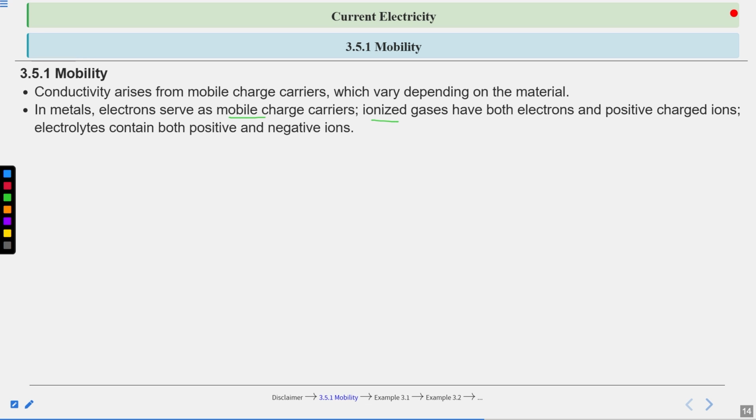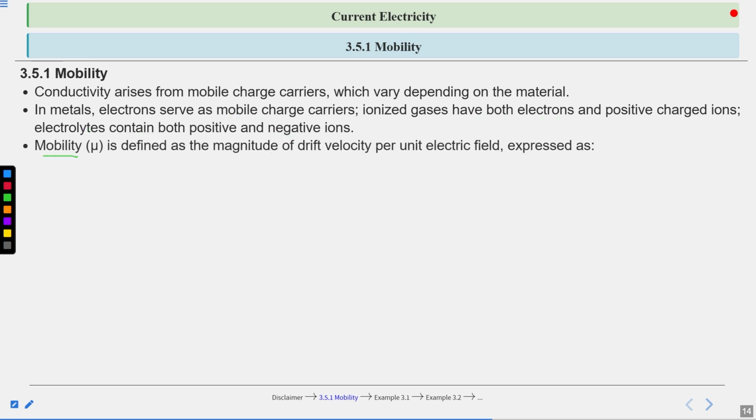The atoms of the gas lose electrons and become ions. This is called ionized gas, breakdown of gas. Ionized gas has both positive charge ions and electrons. Also, electrolyte solutions contain both positive and negative ions.